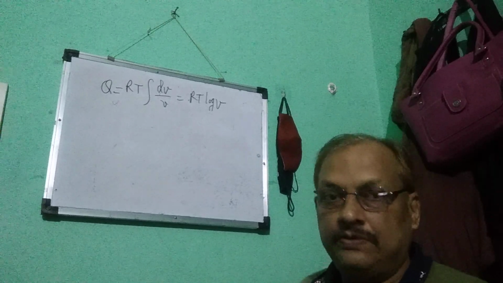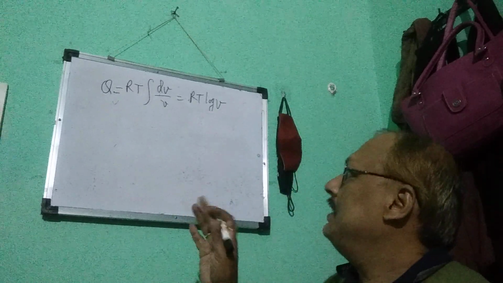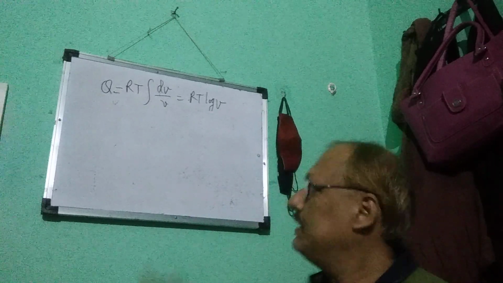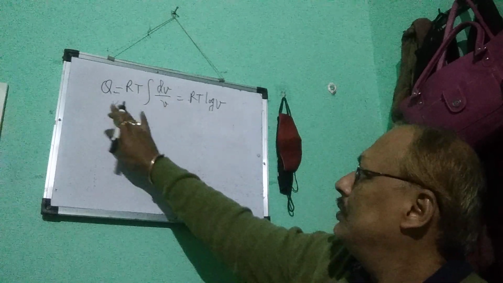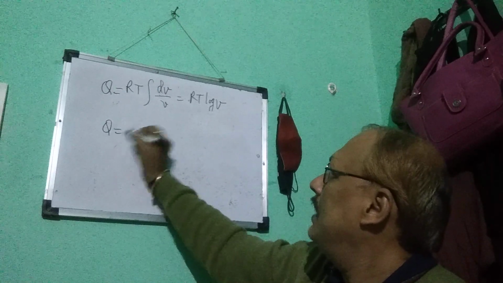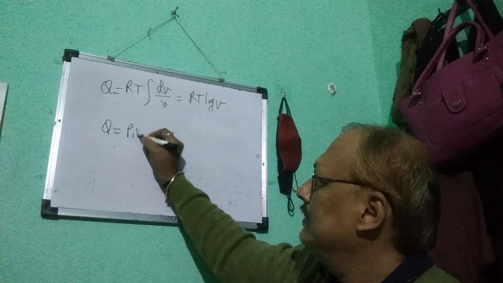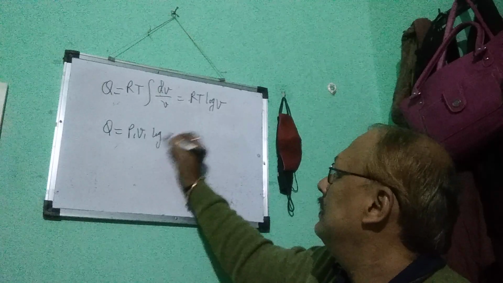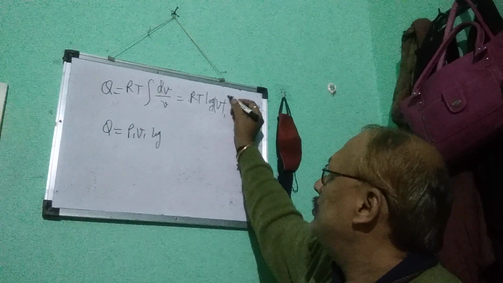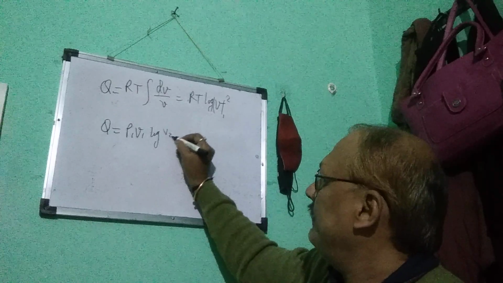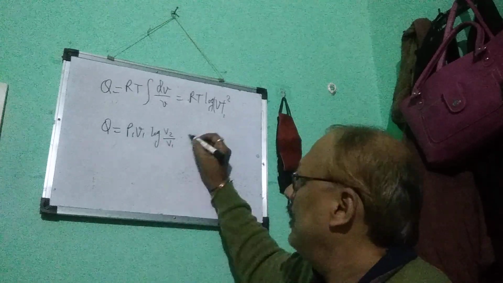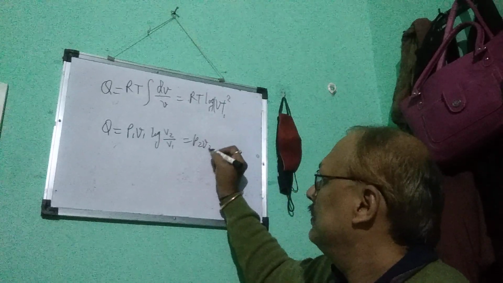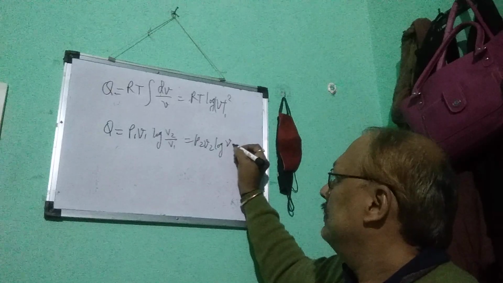Isn't it? So like this we will solve it. In any case, whenever pdv is there, integrating will give this, and you have to substitute. So q = instead of RT you could write p1 v1 log v2 by v1, or p2 v2 log v2 by v1, like this.